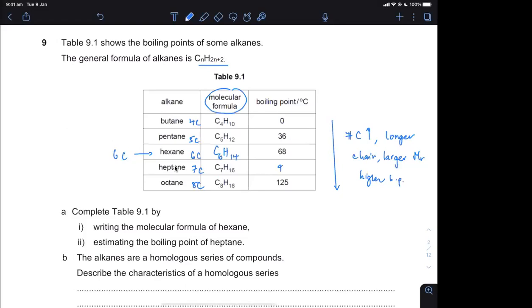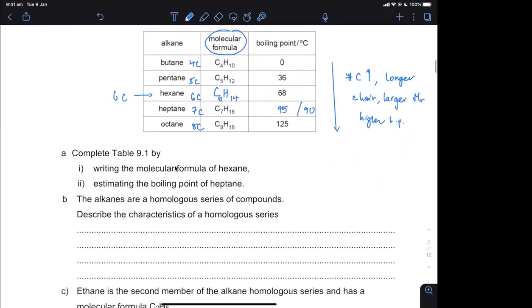So 95, something like that, or you can say 90, whichever one you like. Somewhere that makes sense, where it's not 69 or 120, somewhere in between, around 20 to 30 degrees Celsius should be all right, okay? That's why it's an estimating question. You should think a little bit, but not think so much into it.